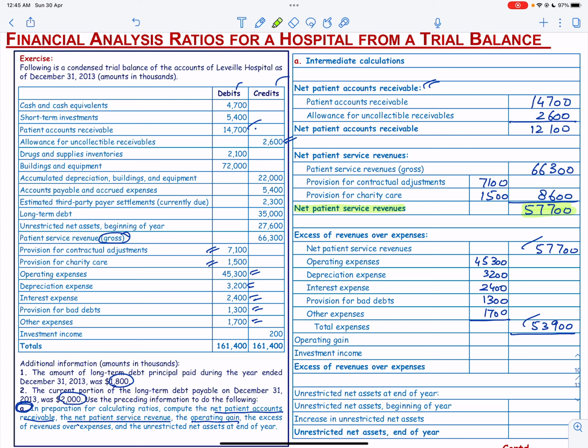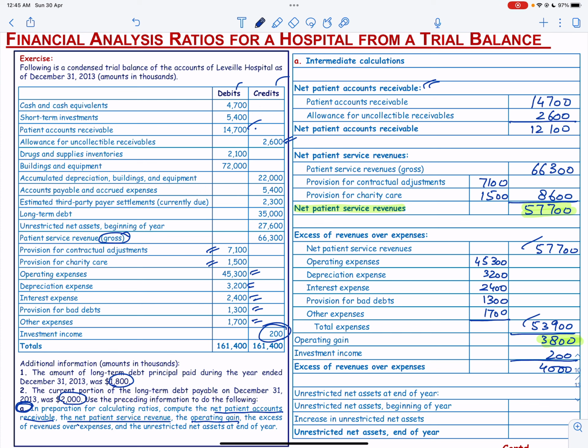Total revenue minus total expense will be 3,800. So this is the operating gain, and then to this we are going to add the investment income of 200, and this will give us the excess of revenue over expenses of 4,000.